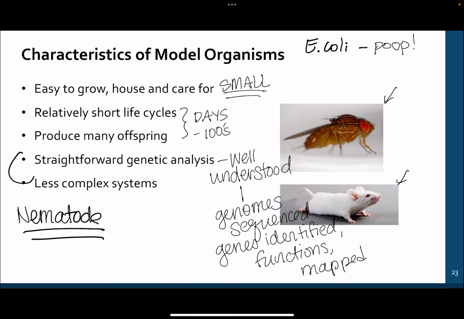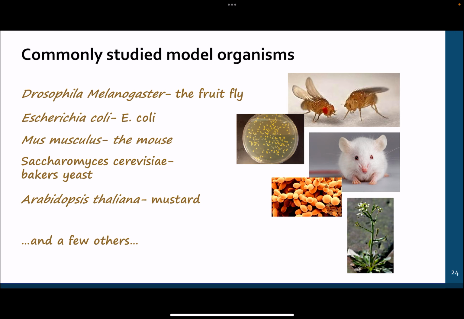This is not at all a complete list of model organisms, but a few that you might have heard of. Drosophila melanogaster, that's our fruit fly. You can grow these in your kitchen if you really want to. Drosophila was really important in early genetic studies. It has also been important in a lot of understanding of molecular processes and gene expression. E. coli has been used for a ton of different things.